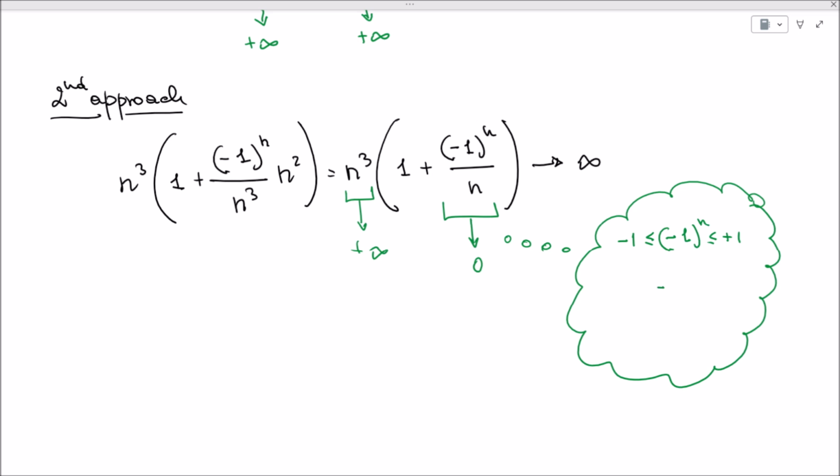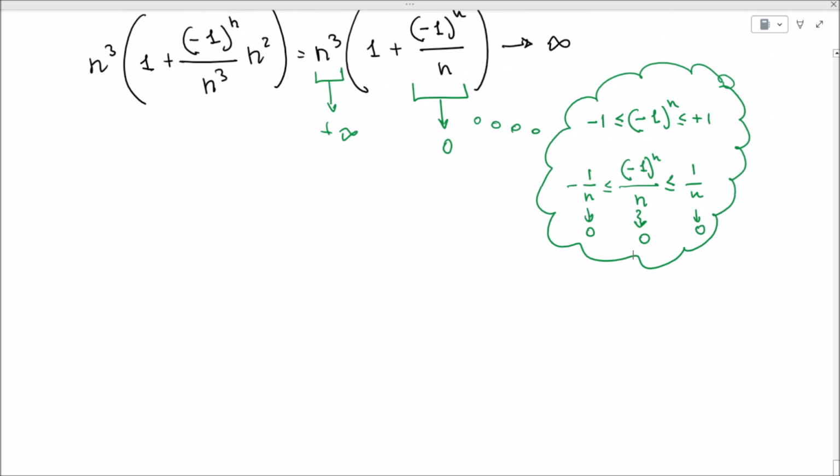So we have (-1)^n divided by n will be something in between minus 1 over n and 1 over n. But we know for a fact that as n goes to infinity, these will go to 0, and once again, by the squeeze theorem, we can conclude that this goes to 0. Right. And this was another example.